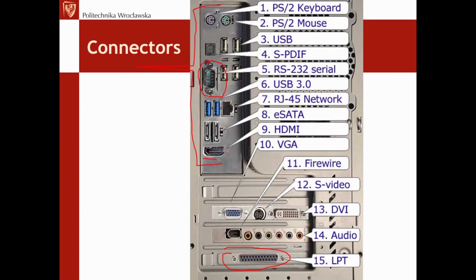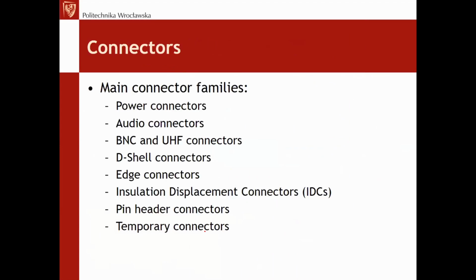But many connectors like this one, this one, this one, and this one, all require a special PCB supporting them. And the PCB then has to be integrated with the case in such a way that the connectors are visible and available to the user.